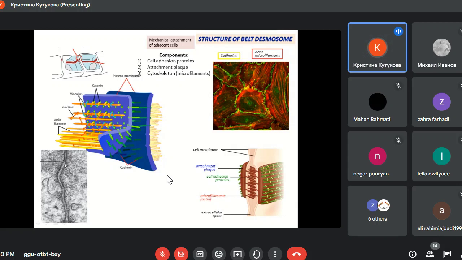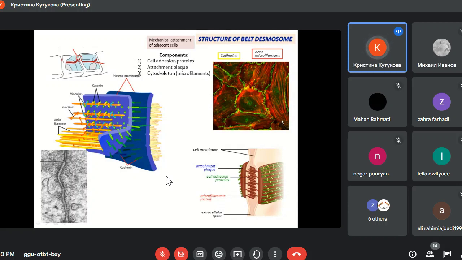They are not very well seen here. Two membranes here, and attachment plaque composed of some actin-binding proteins attached to cell membrane from inside of each of the cells, and actin filaments are from the terminal web.